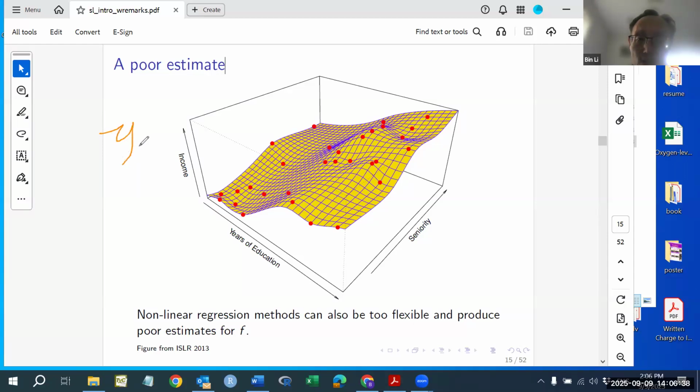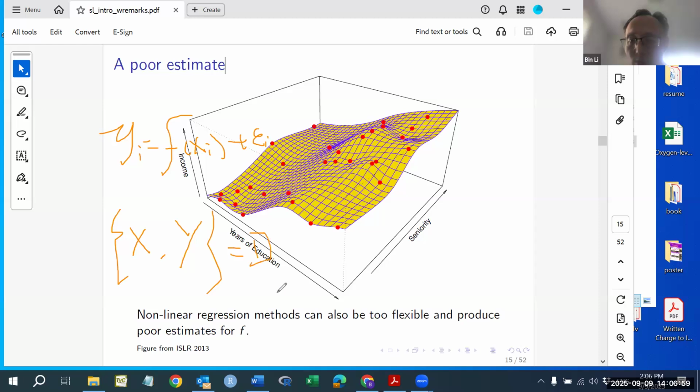our model, let's say the most flexible assumption, is y_i equals f(x_i) plus epsilon_i. And we have data x_i and y_i in the data set.